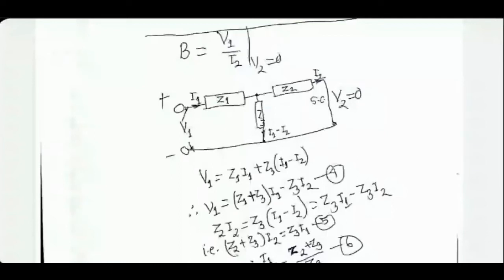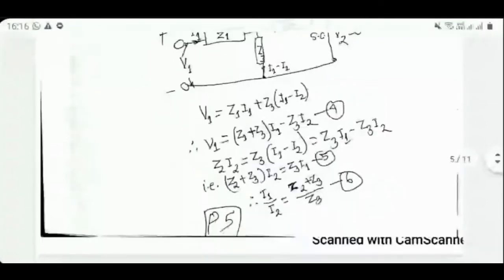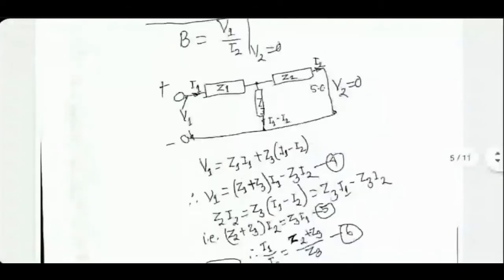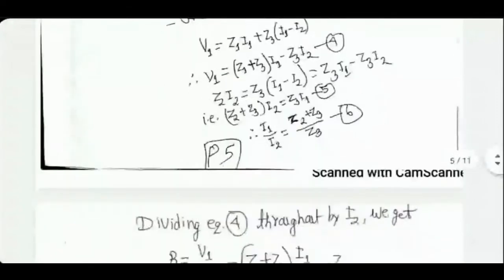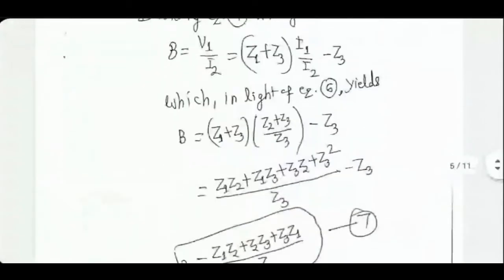I1 is coming in, I2 is going out. So the difference I1 minus I2 will go through Z3 in this case. I write the KCL equations and KVL equations. I solve them. I figured out I1 upon I2, and based on that, I figured out V1 upon I2. You can go through the derivations.